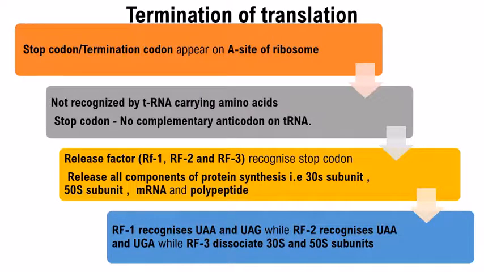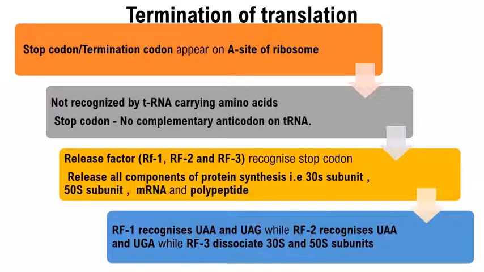During the elongation phase of translation, every time a new amino acid is brought to the site of protein synthesis, peptide bond formation between that amino acid and the pre-synthesized polypeptide chain takes place by peptidyl transferase activity. This elongation of the polypeptide chain is going to continue until a stop codon appears at the A site on the ribosome.